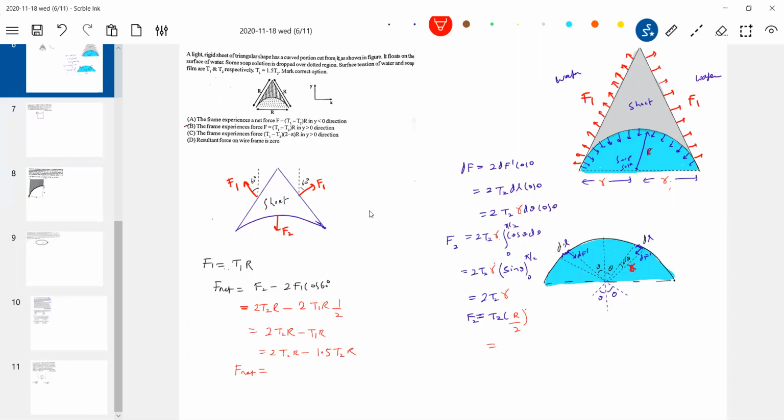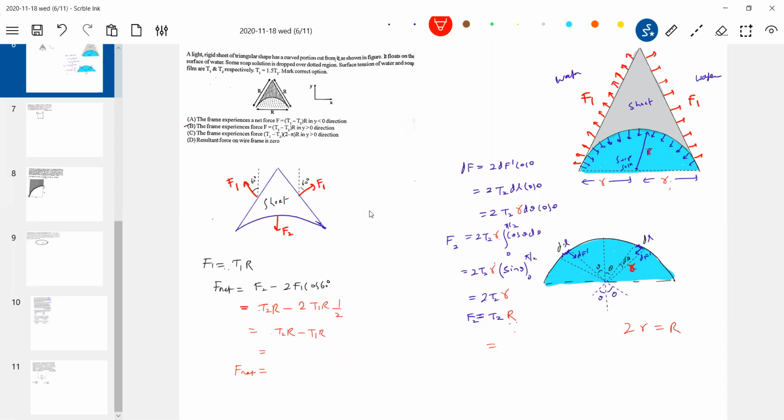F2 is how much now? T2 r by 2. Sir, 2r, so T2r. No, two smaller will be capital R. Yes, sir, smaller will become r by 2. Okay, two smaller will be r. Only r will come. This will be T2R. This 2 will not be there, no?